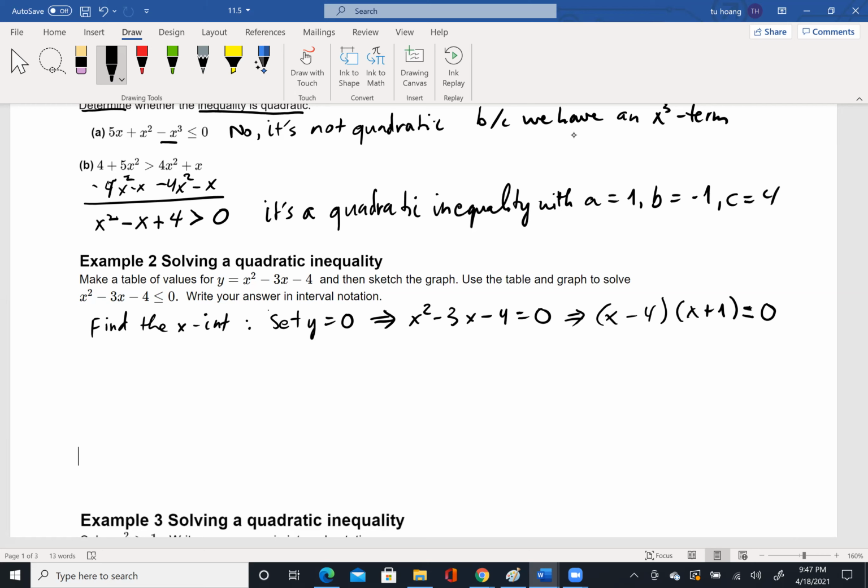So that means x equals 4 or x equals -1. The x-intercepts will be (4, 0) and (-1, 0).